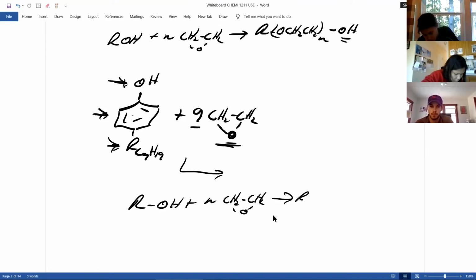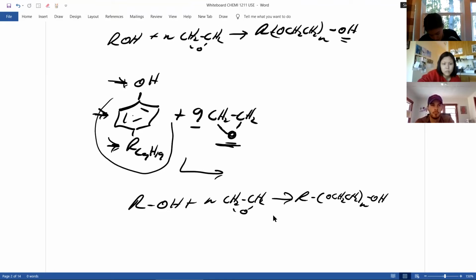And what you get is this polyether alcohol. What's my R group? This. So I'm going to rewrite it.